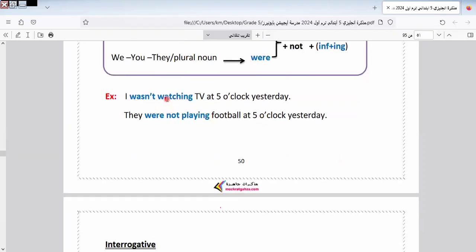Like we say, I wasn't watching TV at 5 o'clock yesterday. So here it expresses the tense in the past, continuing the action but in the past. Here I used wasn't watching, wasn't playing. Here we have yesterday.